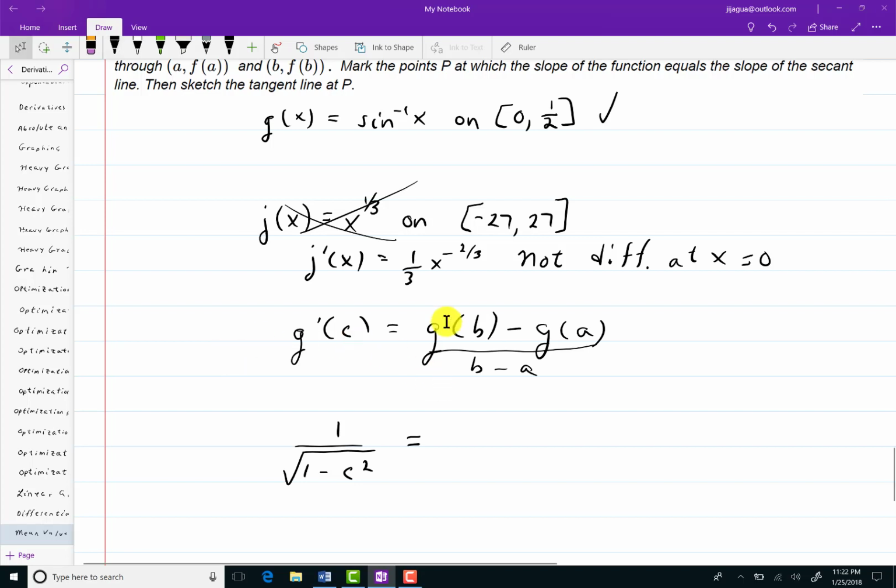And then let me put these numbers in here. We have inverse sine of 1/2 minus inverse sine of 0 all over 1/2 minus 0.